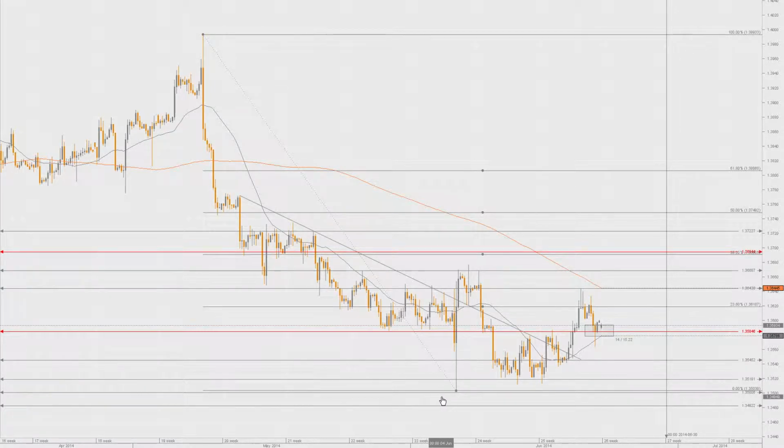And what do we see here? It made this first run, didn't touch the 38.2. Now we're making a second step upwards. Let me see, where is the line? Here we have the 23.6.